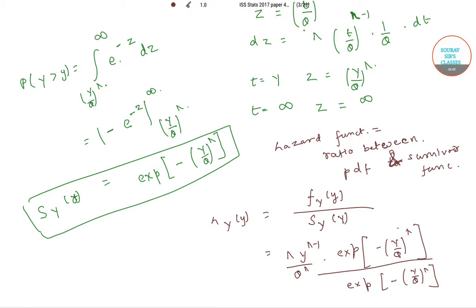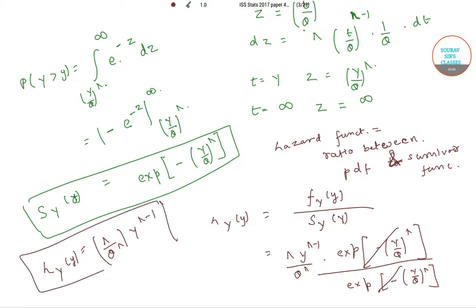So if these parts get cancelled out, we get our hazard function H(y) equal to lambda by theta raised to the power lambda into y raised to the power lambda minus 1, where lambda is the shape parameter and theta is the scale parameter.